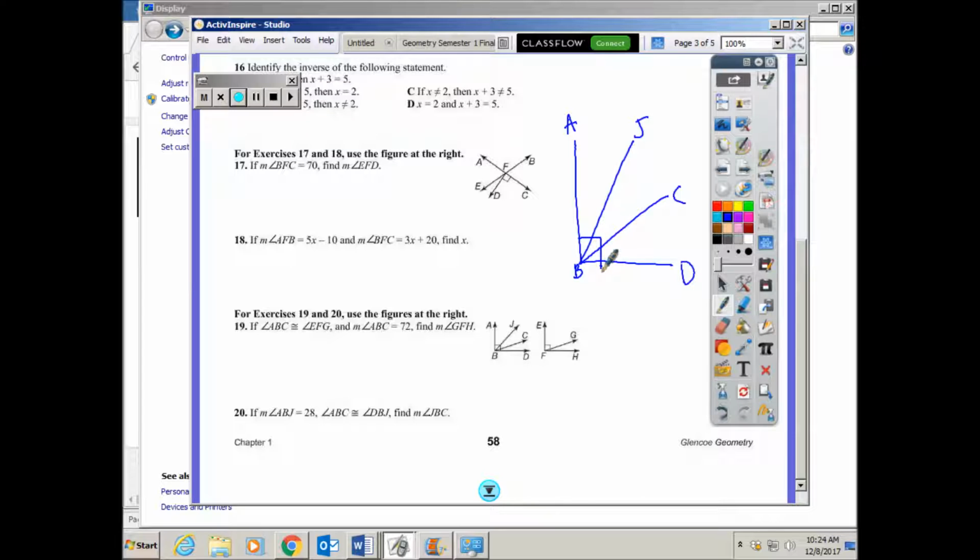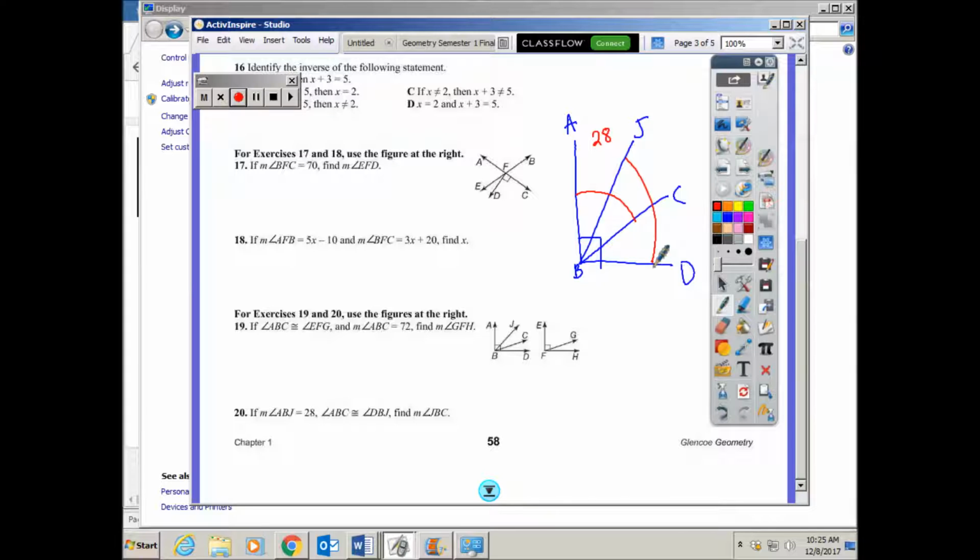The whole thing is 90 degrees. You're told that ABJ is 28. You're also told that this angle, ABC, is congruent to DBJ.